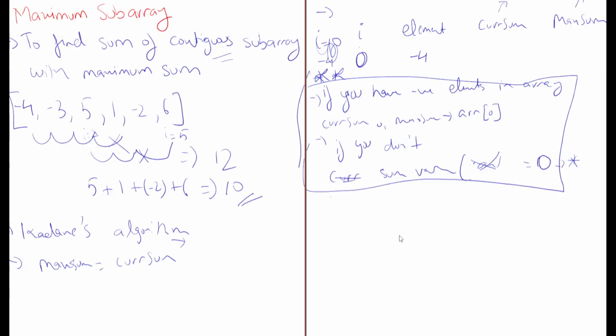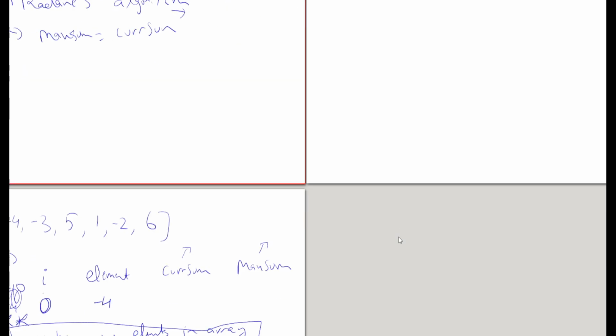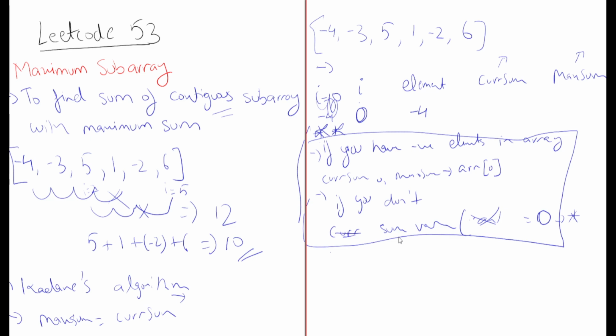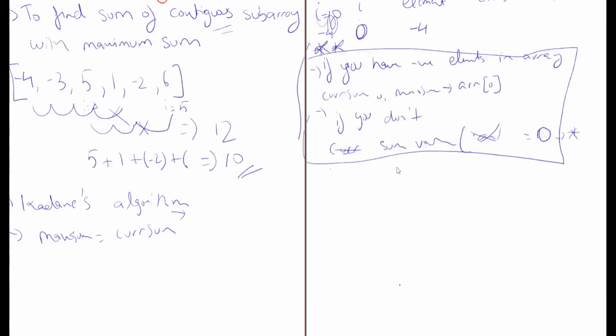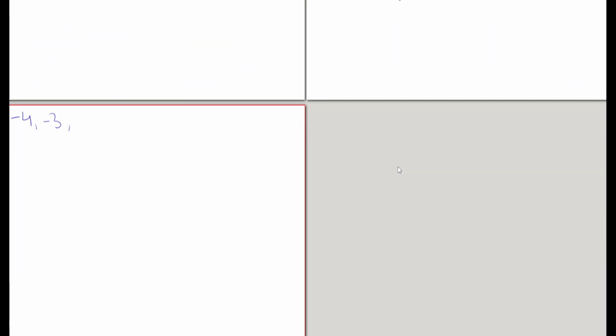We'll use a table here. We have minus 4, minus 3, 5, 1, minus 2, 6.